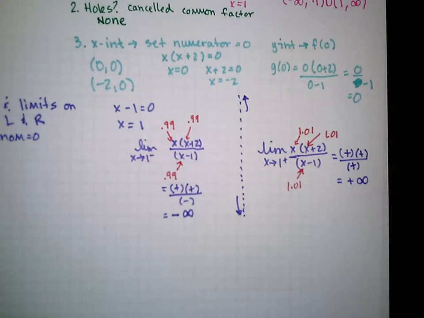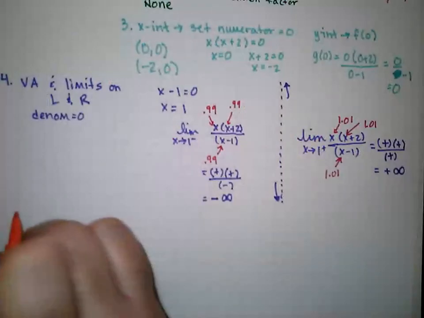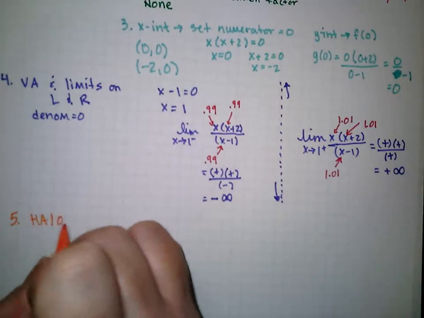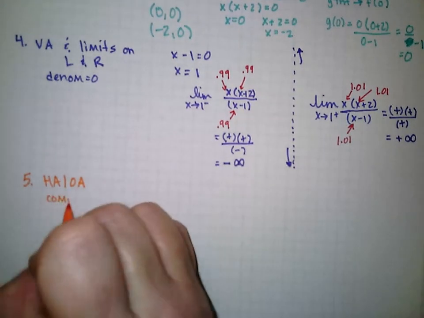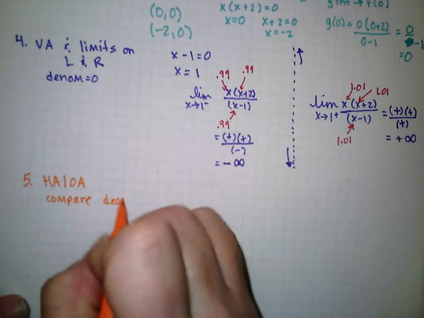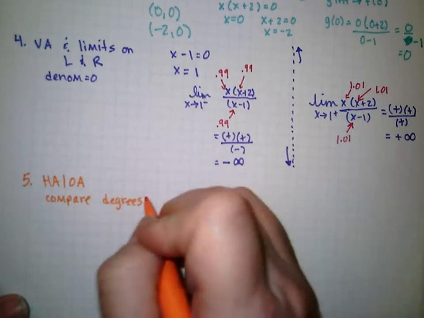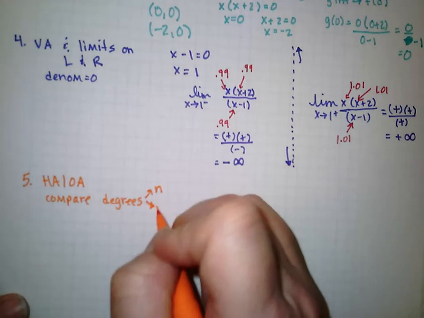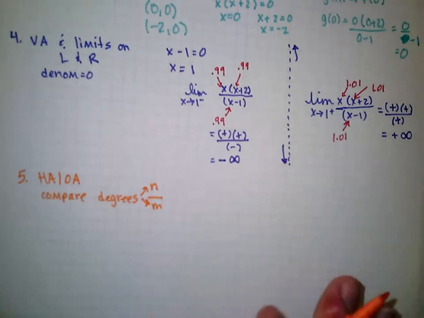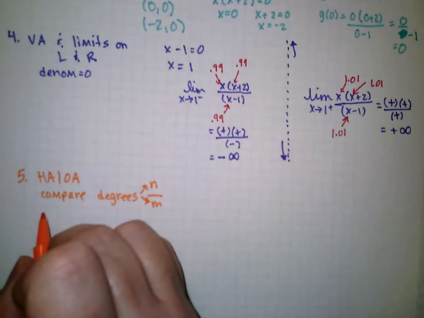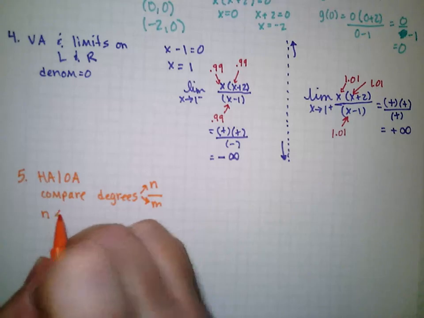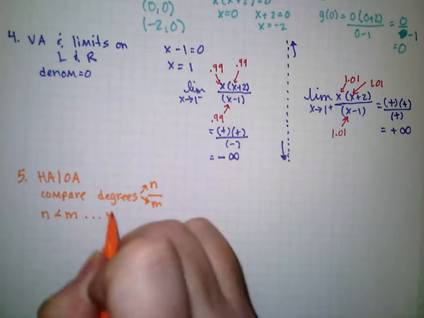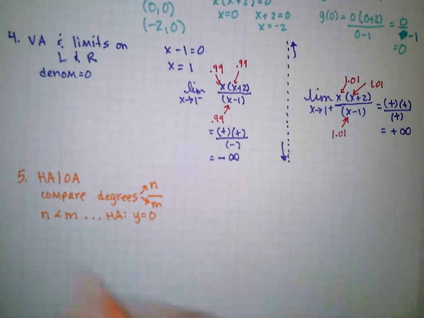The fifth step is the horizontal and oblique asymptotes. And to determine that, we need to compare the degrees. The degree of the numerator we list as n, the degree of the denominator we list as m. So our guidelines are, if the degree of the numerator is less than the denominator, we have a horizontal asymptote at y equals 0.